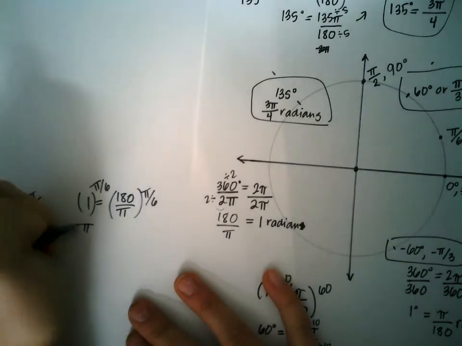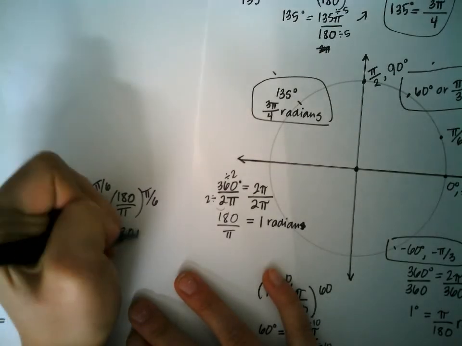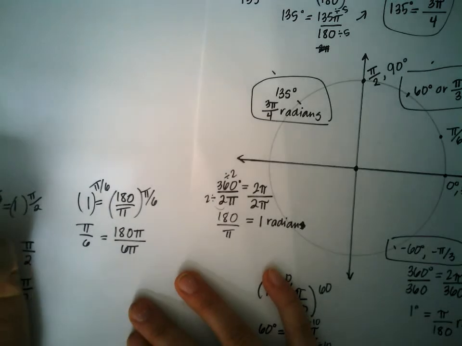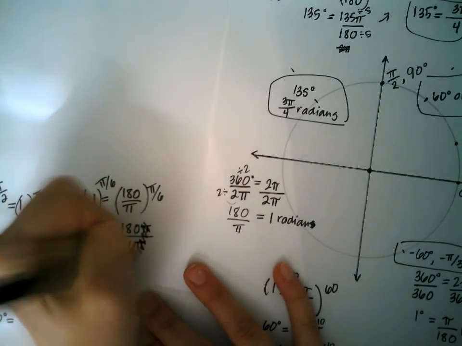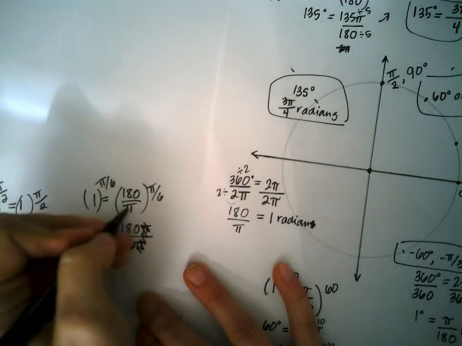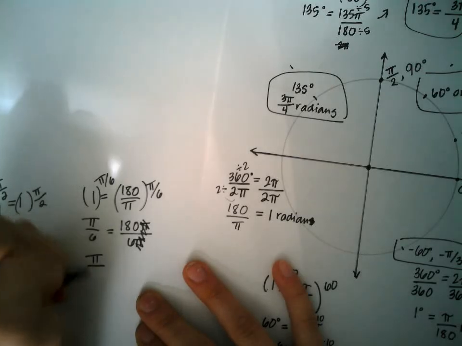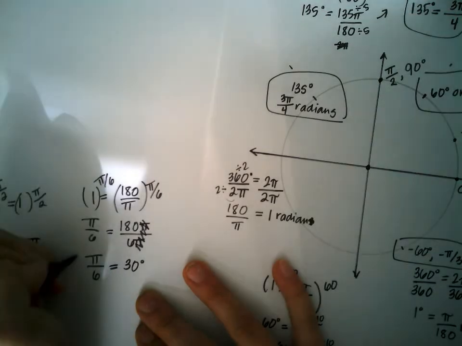So I end up with pi over 6 radians on this side, and that is equal to 180 pi over 6 pi, degrees. And once again, my pi cancels out. You could cancel that out right away if you see that it's going to be on both top and bottom. And I have 180 over 6 left, which 180 divided by 6 is 30 degrees. So pi over 6 is the same as 30 degrees.